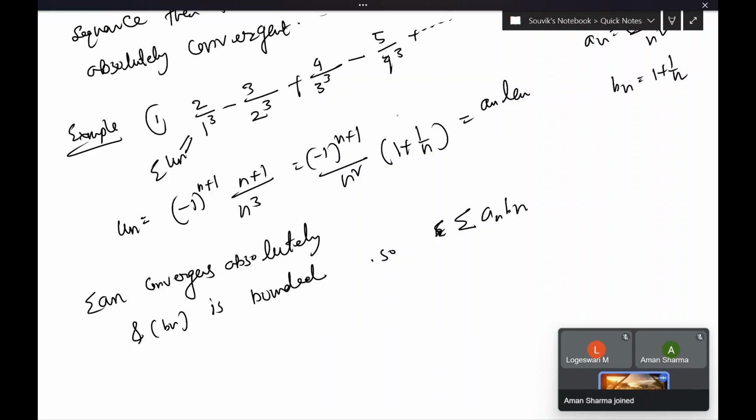So the series summation a_n b_n is absolutely convergent.